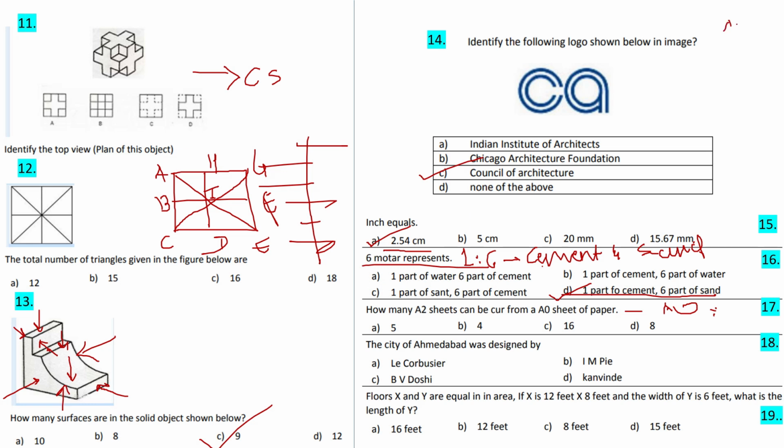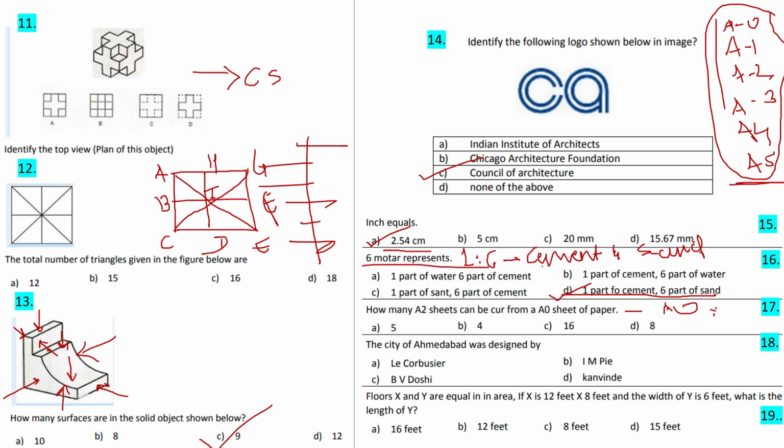I will write over here A0, A1, then comes A2, A3, A4 and A5. Try to remember all of these paper sizes. It is not only for your NATA exam, but it will help you in the 5 years of the architecture course. So make sure you are remembering the sizes of these papers.